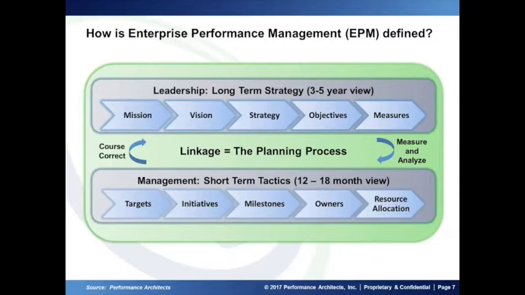So the strategic plan sets these long-term objectives. Management teams sit down and say, okay, well, to achieve those objectives, we need to do these 5 things. And to enable these 5 things, we're going to budget for them. And then as we go through the year, we're going to reforecast and see how closely we align with our objectives. And if we need to commit more capital to make that happen, let's do that. So EPM, again, is really about managing that linkage.